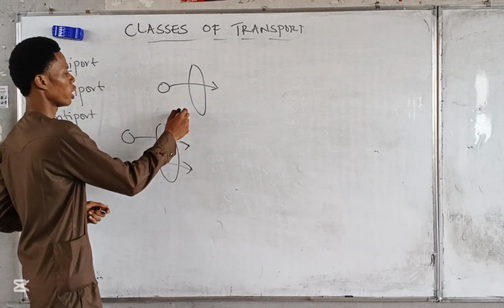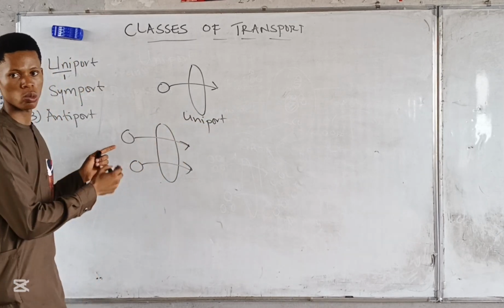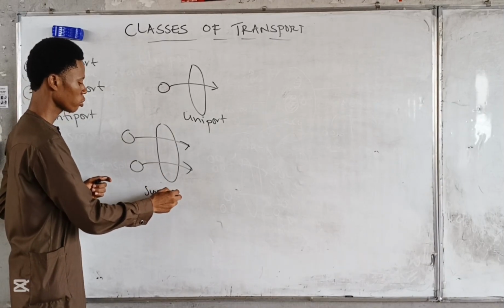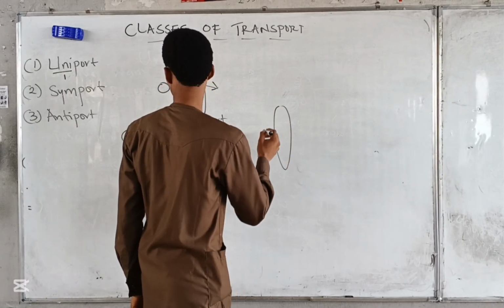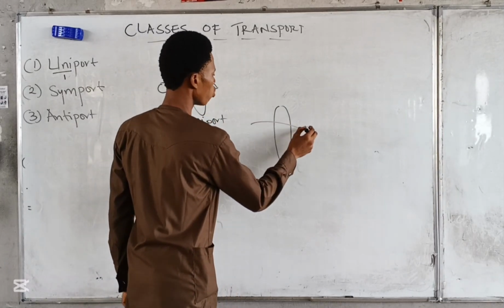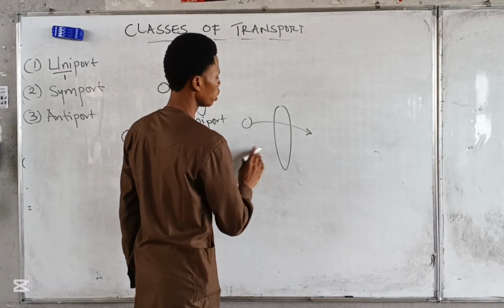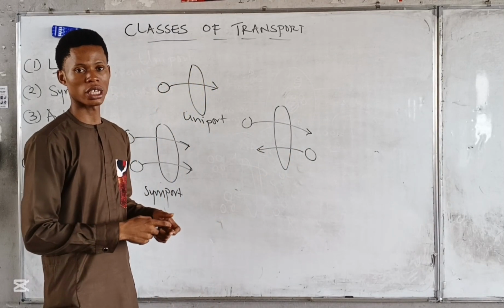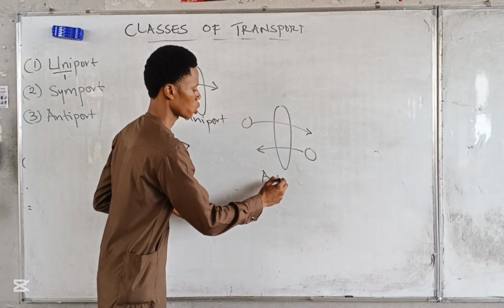This one that we have only one is uniport. And if we have two molecules moving in opposite directions, one moving into the cell and one moving out of the cell, we call that antiport.